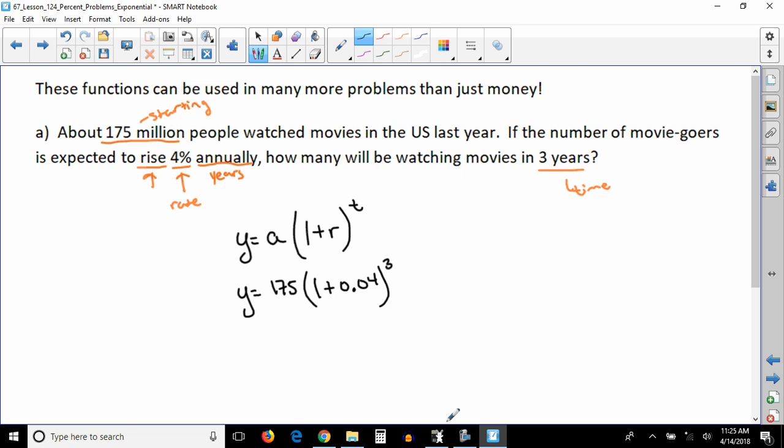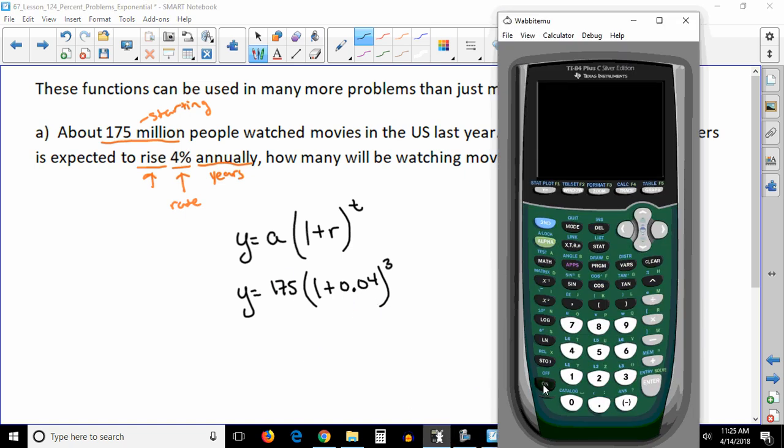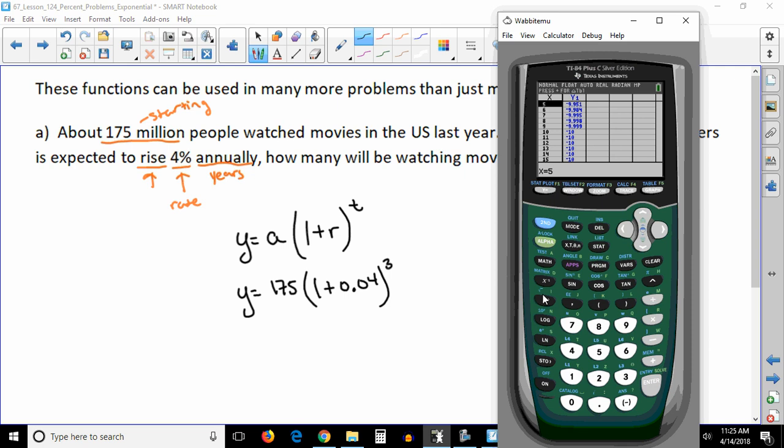I'm going to go ahead and actually do this in the calculator so you guys can see it, not off screen. So when you type this in, I'm going to type it in just like it is. It is 175 parentheses 1 plus 0.04, and I'm going to raise that. So I'm going to hit the up caret, and I'm going to put a 3 in there. I'm going to hit enter.